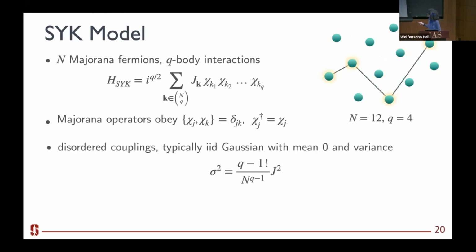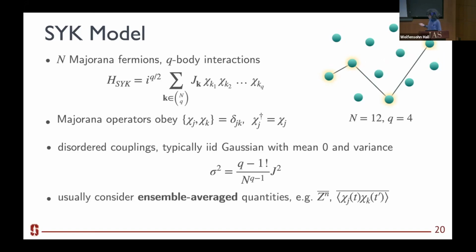Now, these coupling constants are disordered, typically Gaussian with a particular variance that makes large n suitable. And usually we're considering ensemble average quantities in this model.